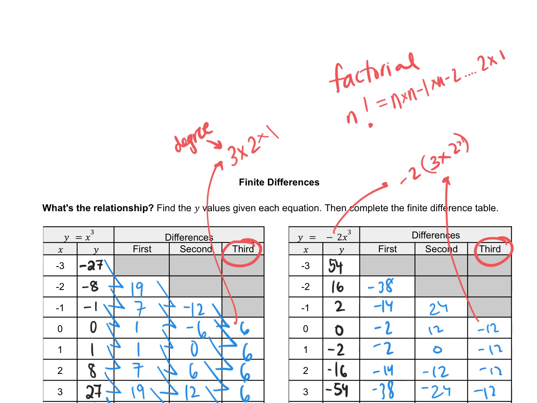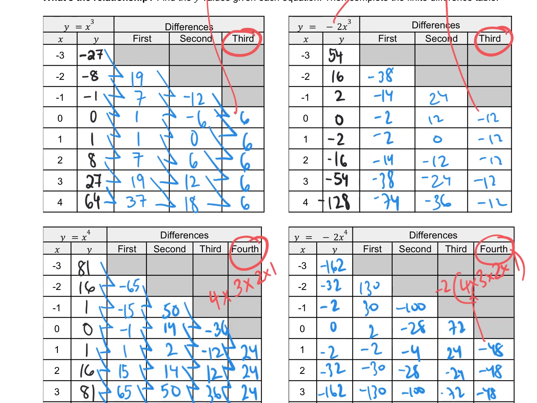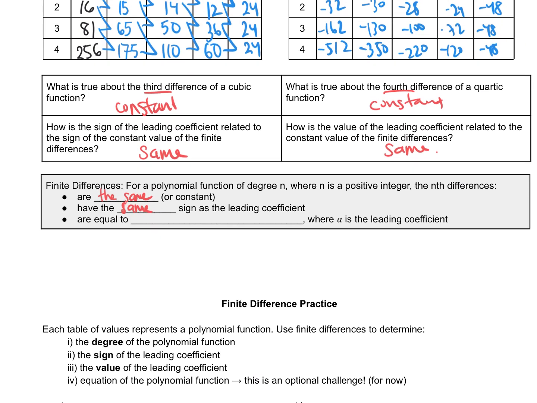So if I was doing, for example, 6 factorial, that would mean 6 times 5 times 4 times 3 times 2 times 1. And that's exactly what we're doing here. So we're taking that degree and doing the n factorial, and then multiplying it by the leading coefficient. So let's write that out. So a times n factorial.